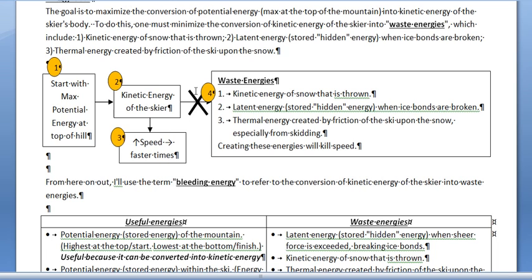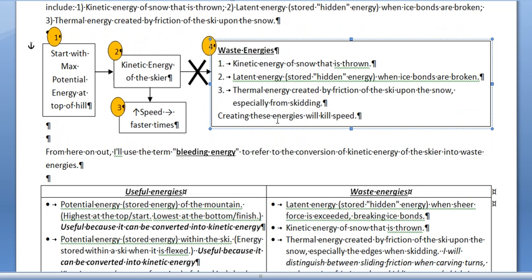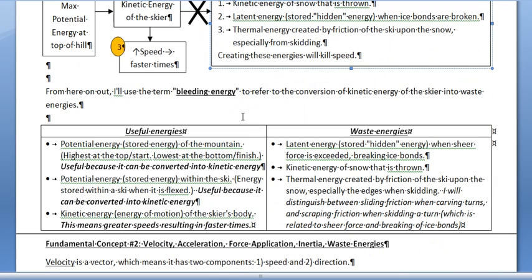So you want to avoid converting to these waste energies, one of which is kinetic energy of snow that is thrown, latent energy, stored hidden energy when ice bonds are broken, and thermal energy created by friction of the ski upon the snow, especially from skidding. Creating these energies will kill speed. I mentioned something about skidding and sliding friction down here.